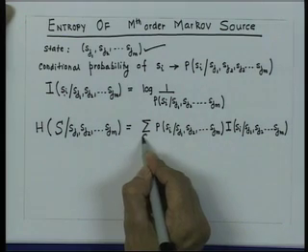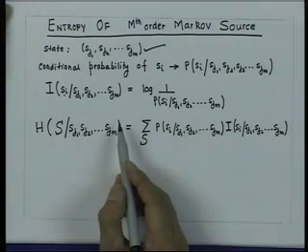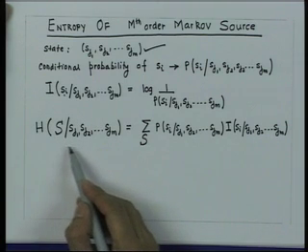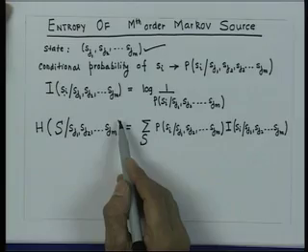This is summed over the source alphabet S. So, this is the average amount of information per symbol while we are in this state. Now, this state itself can change.